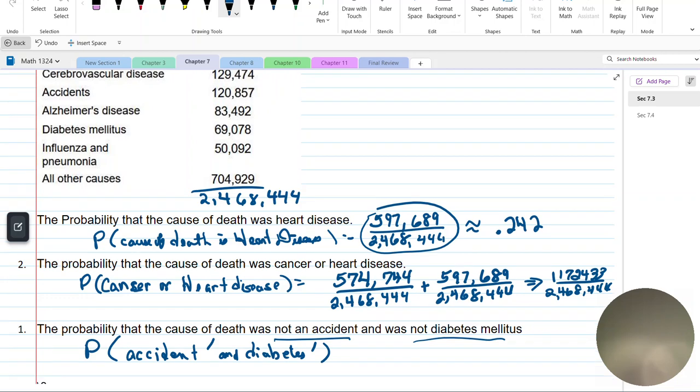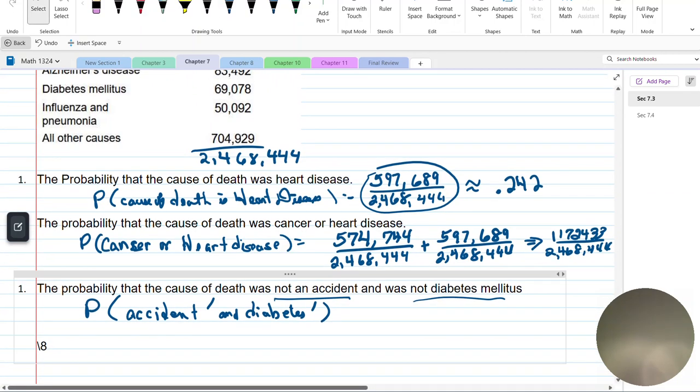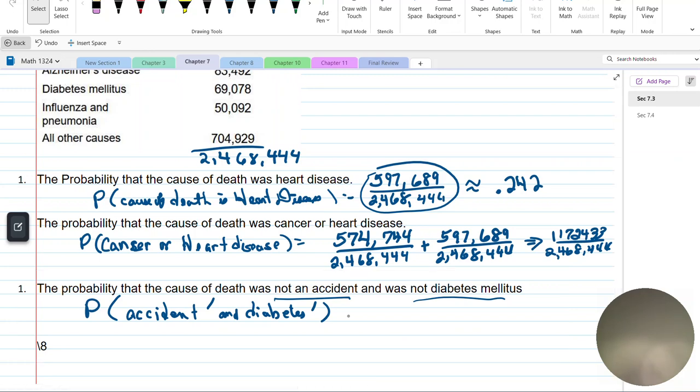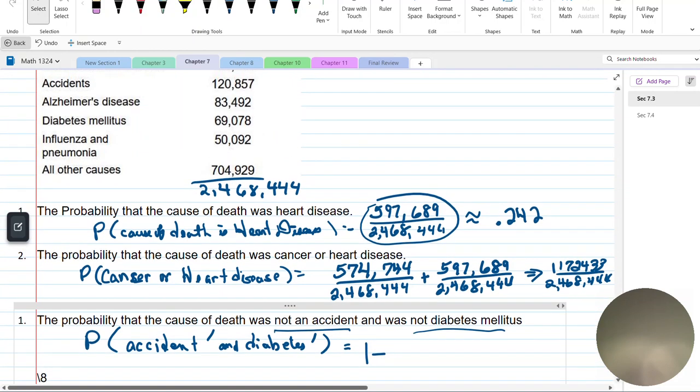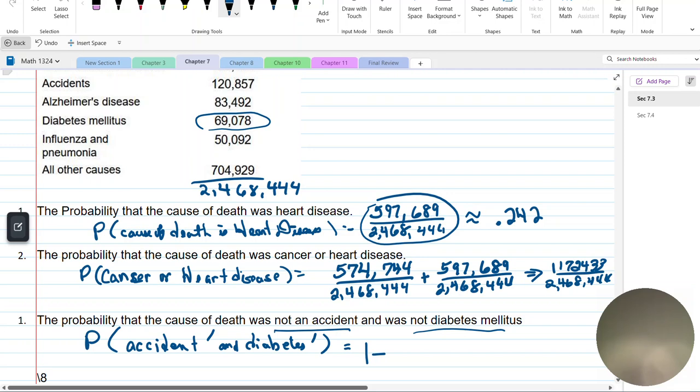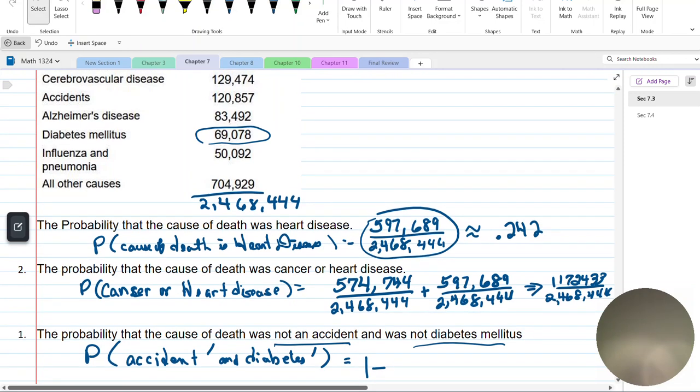All right. So we're going to add those two together over that 2 million and then subtract it from 1. And that was diabetes and accident.